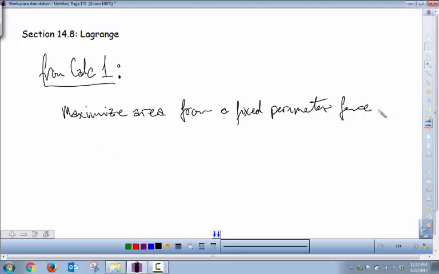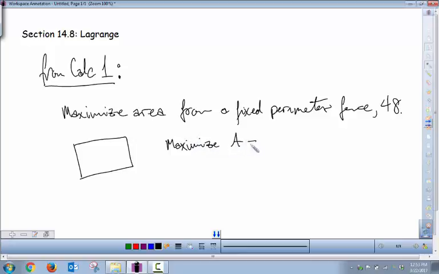So let's say your fixed perimeter is 48. So you want to make a fence with 48 feet of fencing, and you want to try to find the maximum area.